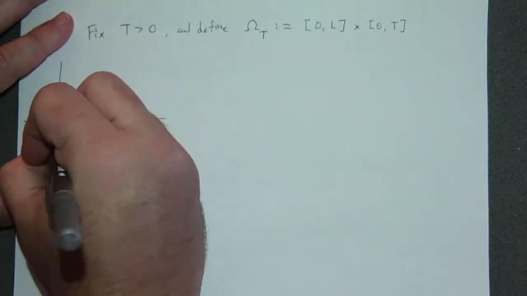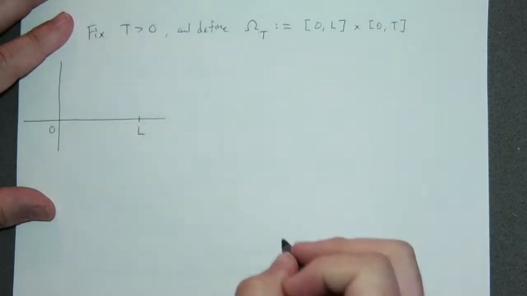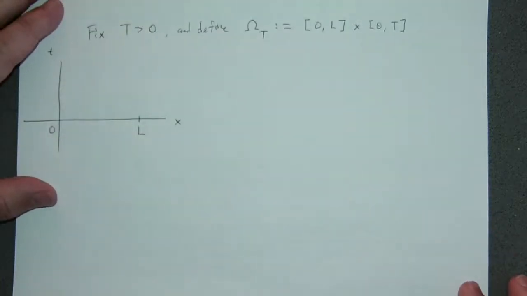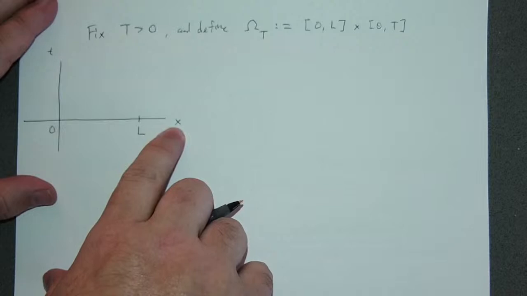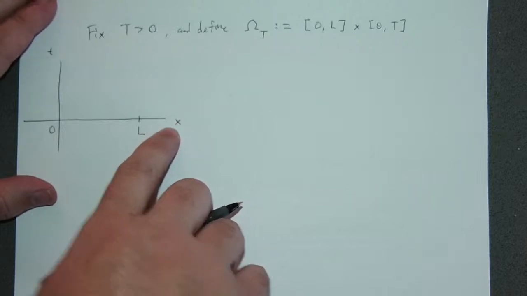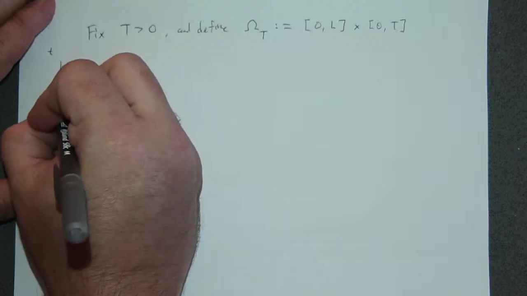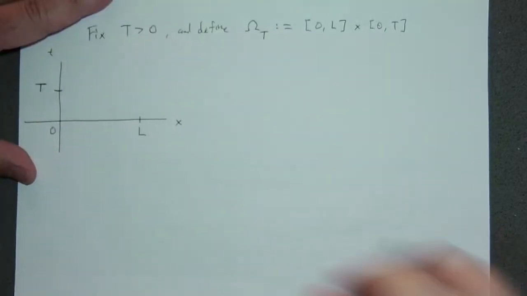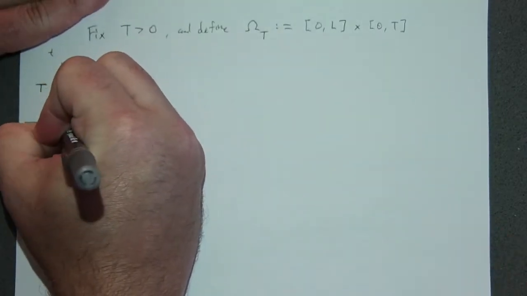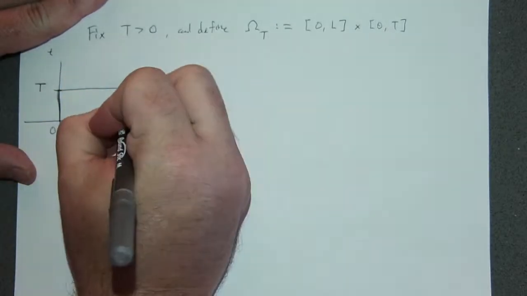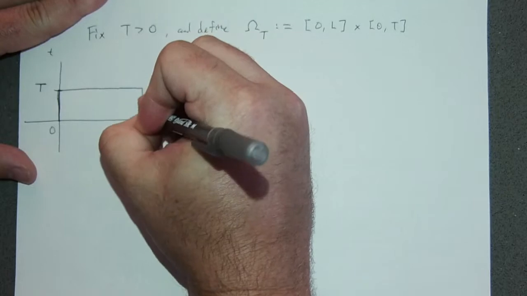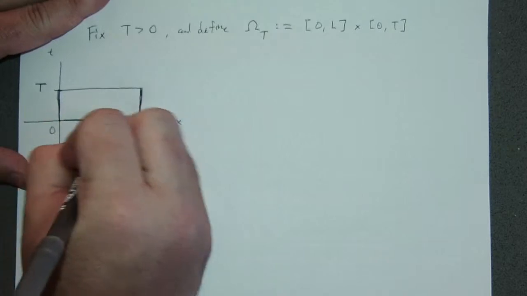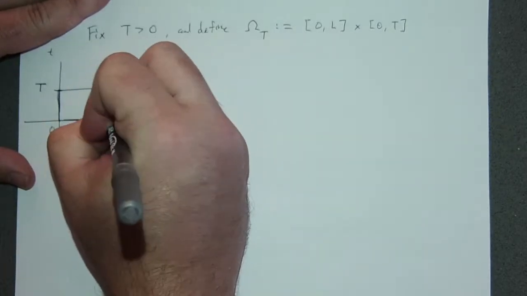Well, here's 0. Here's L. If this is the x,t plane, here's x. Here's t. Here's big T. And so in the x,t plane, this is just the rectangle with its boundary. Here is omega T.